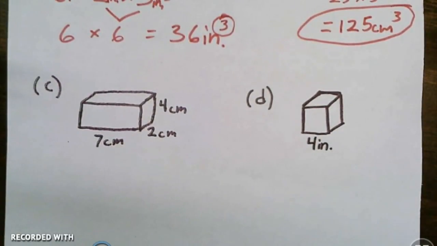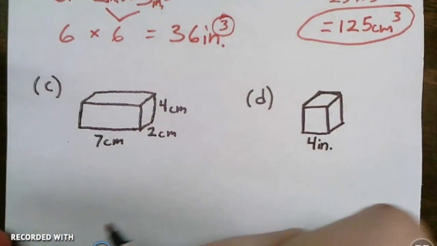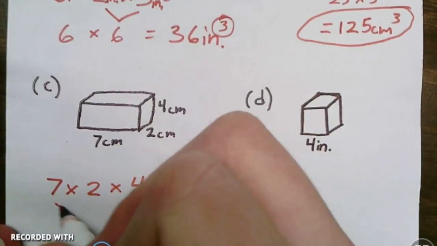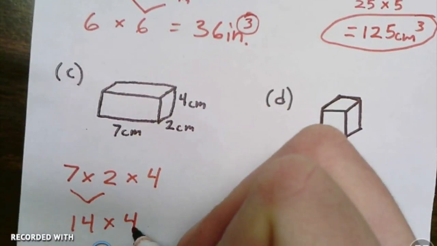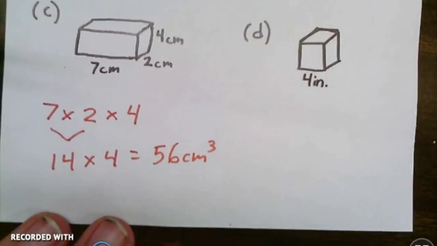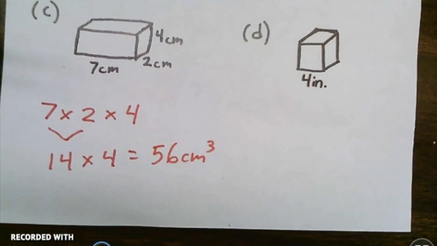All right, C, same thing. I would like you to pause the video, try this on your own, and then check to see how you did. Okay, how'd you do? Are you ready for your last one? Go ahead and do it and bring it to school tomorrow.